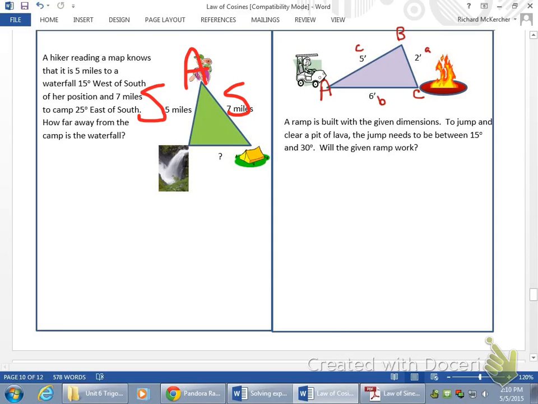And it was true on the other triangle as well. But if you'll notice on this particular triangle, they gave me side, side, side. Side, side, side, the only situation where you have to find the angle and you have to use the law of cosines. So out of our three different methods, this is probably the trickiest method of them all. Let's see what it's going to look like. Of course, fill in your blanks.